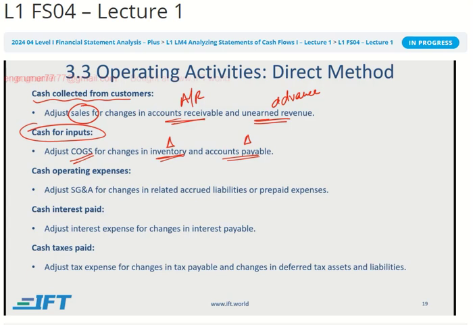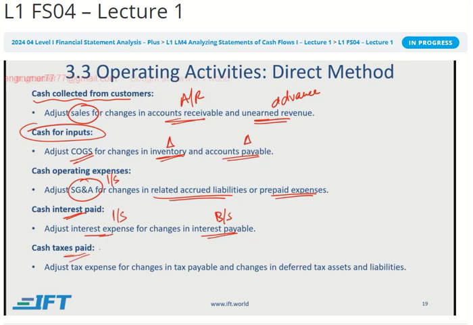For operating expenses, of course, you will look at your income statement, SG&A, selling, general and administrative expenses, and then you look at the change in other accrued liabilities or your asset account, which is your prepaid expenses. Similarly, for interest paid, we will look at the interest payable account from the balance sheet and the interest expense account from your income statement.